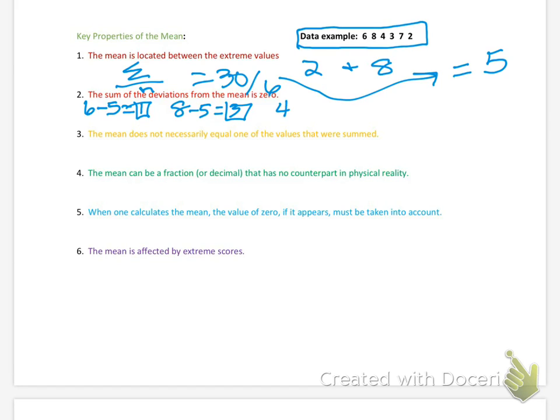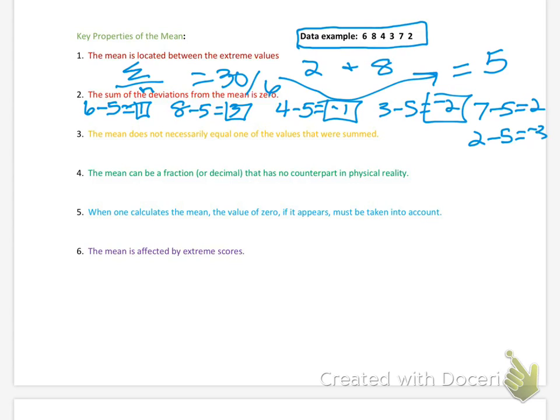Next one, 4 minus 5, I get a negative 1. 3 minus 5, I get a negative 2. 7 minus 5, I get a 2. And 2 minus 5, I get a negative 3.